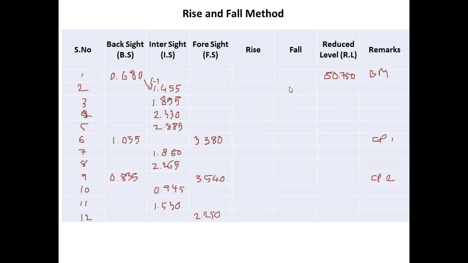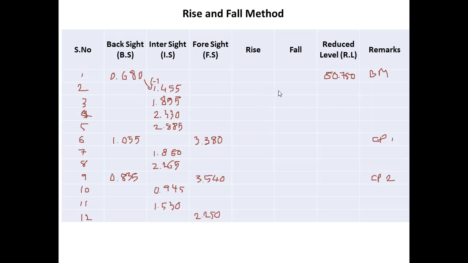If the deduction comes in positive, then I have to write it in the rise column. This is the criteria we follow in the rise and fall method. So first, 0.680 minus 1.455, I am getting minus 0.775. Minus indicates fall, because this ground should be underneath that position, so that's why we are giving the minus.